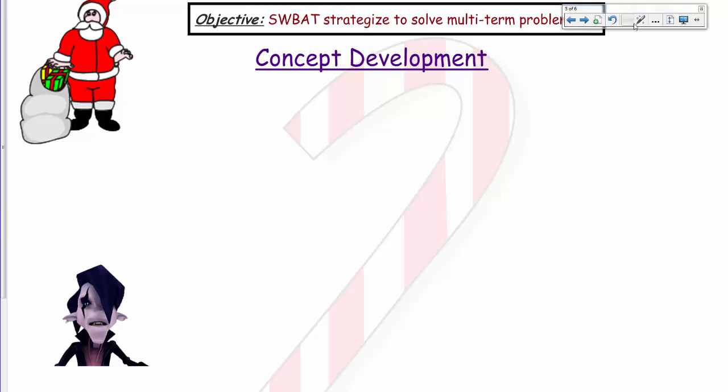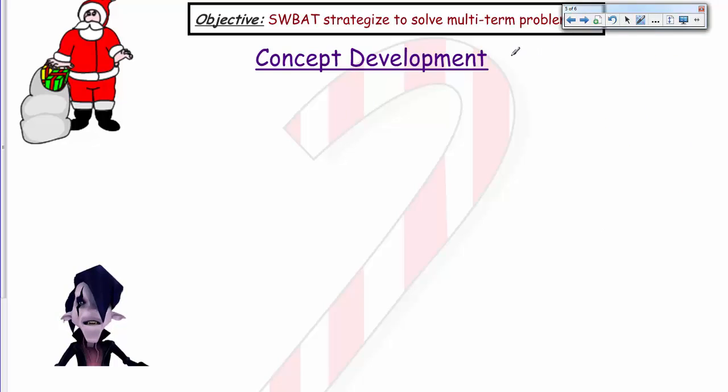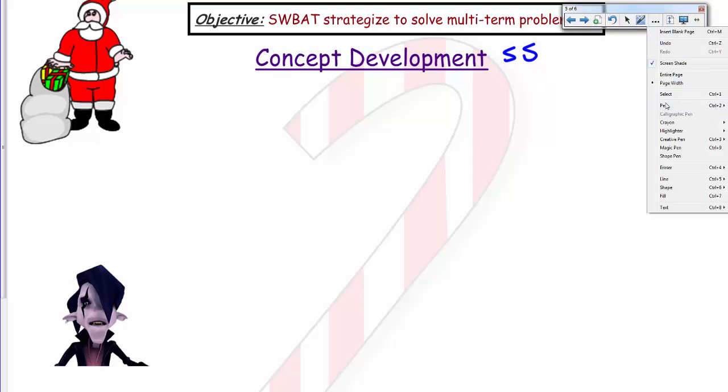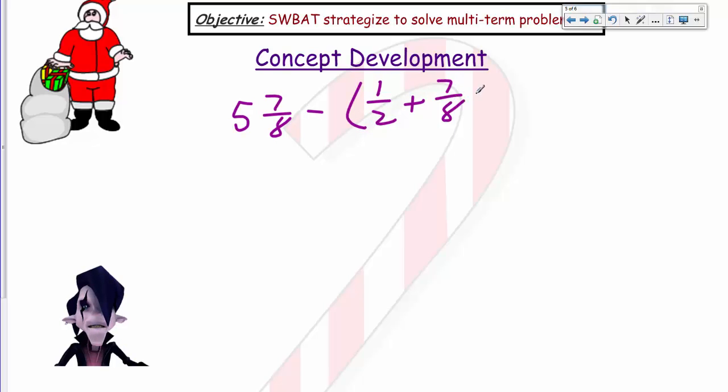So let's look at another problem here. We had that last one, I think, so I'm going to give you this one. Wow, it's kind of weird, 2 of them in a row. So let's look at this one, for example. So if we had 5 and 7/8, and we're subtracting, the actual sum of 1/2 plus 7/8 plus, oh my goodness, it's getting long, 1 and 1/2.